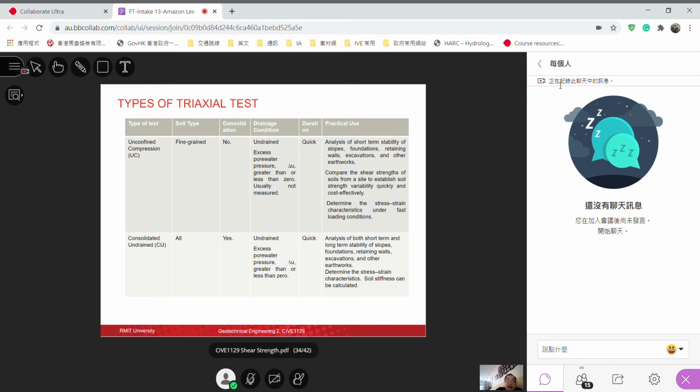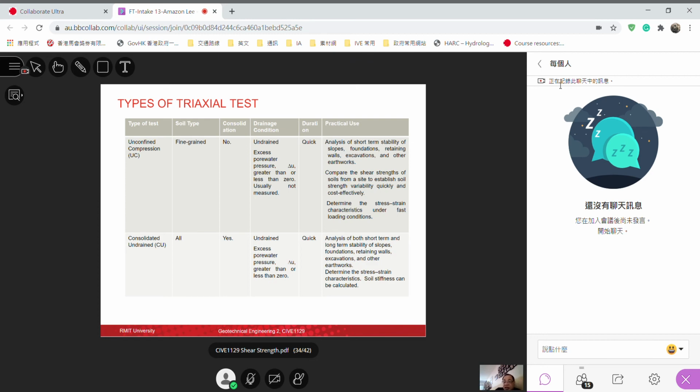Now, since a triaxial test could be quite complicated, because there's many things you can do. You can change the stress path, where's the major principal stress, where's the minor principal stress, and you can change the drainage condition, undrained, fully drained.